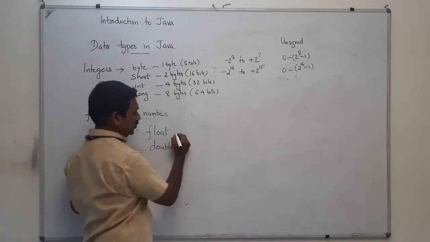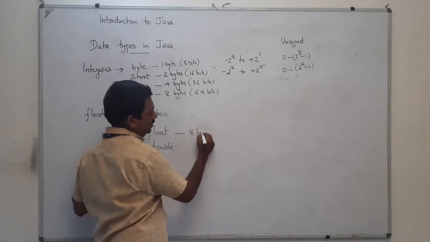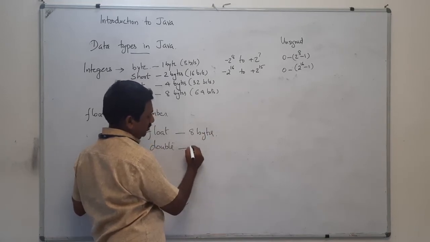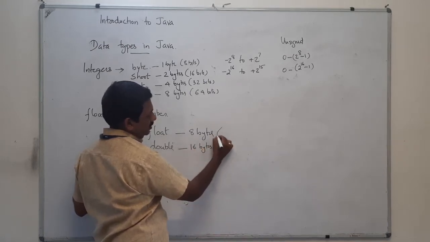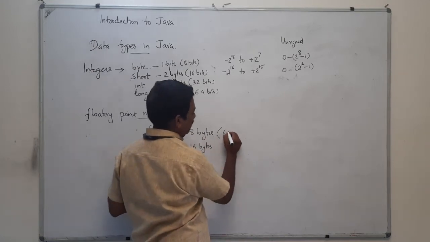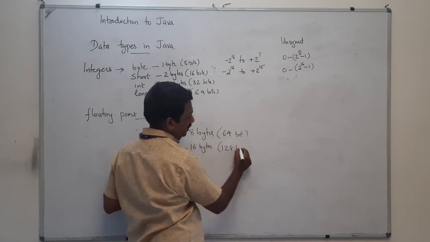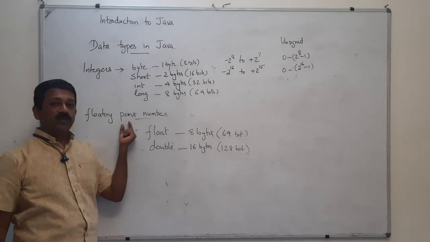This float is using 8 bytes and double is using 16 bytes. This is 64 bit. This is 128 bit. Okay. That is floating point numbers.